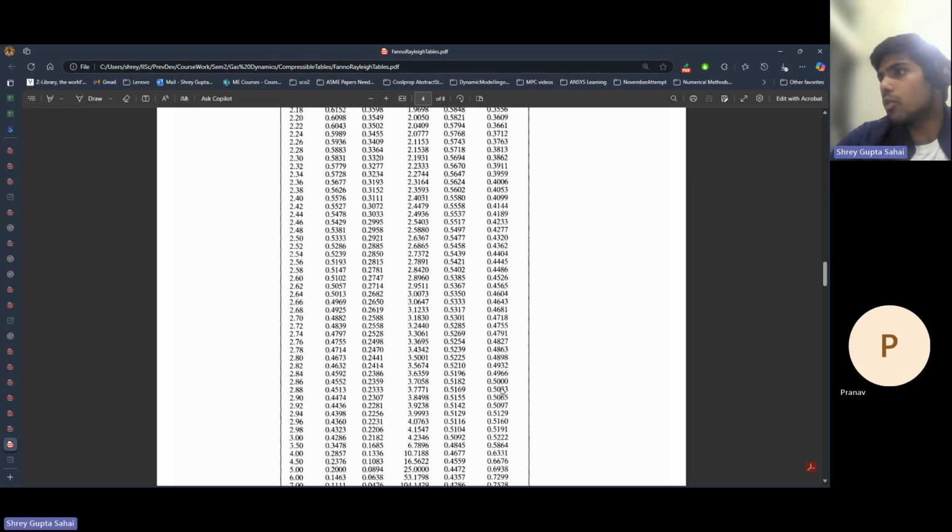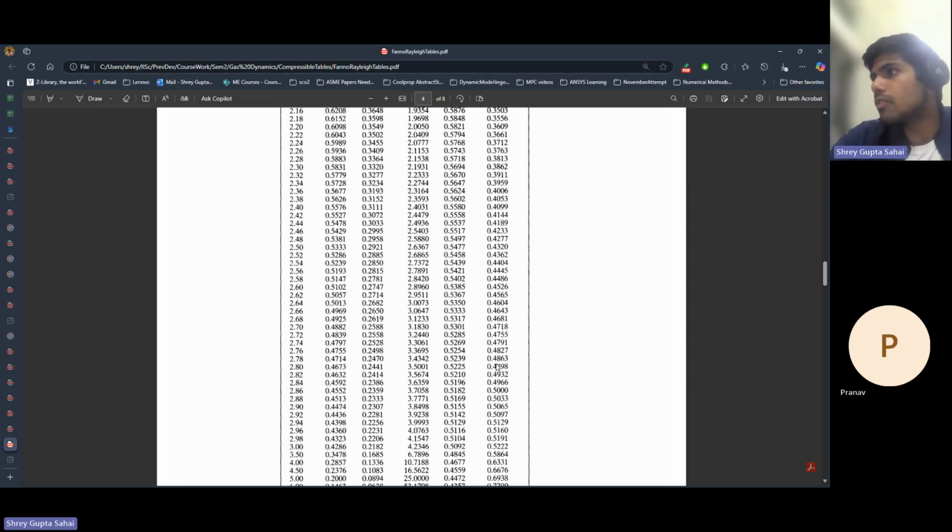So now, 0.4745. Let's say 2.71. Wait, your Mach number was 2.175, is it? It should actually decrease, right? The Mach number should decrease. Oh, what did I write?